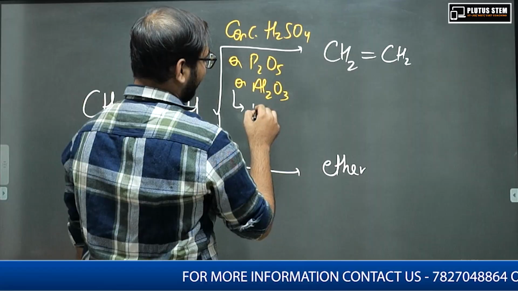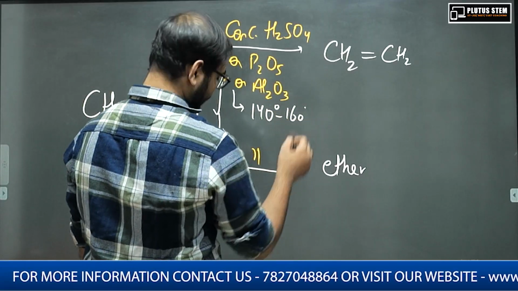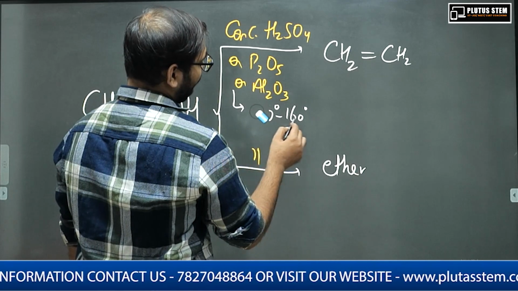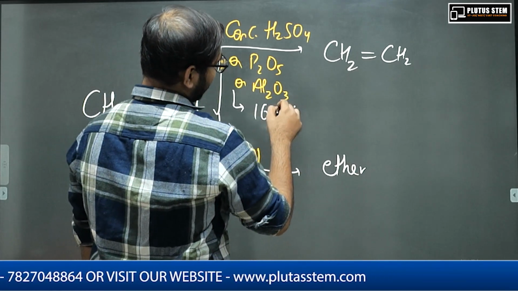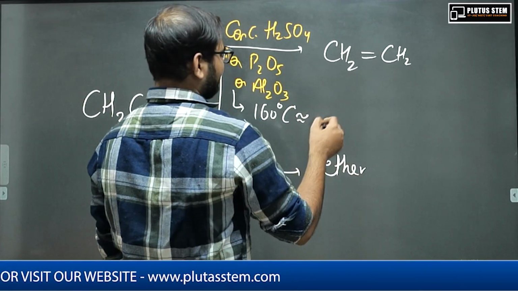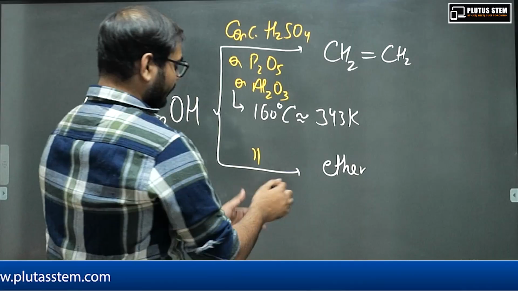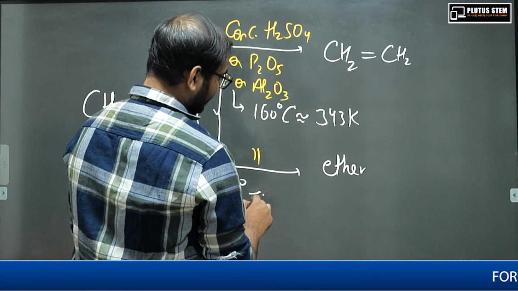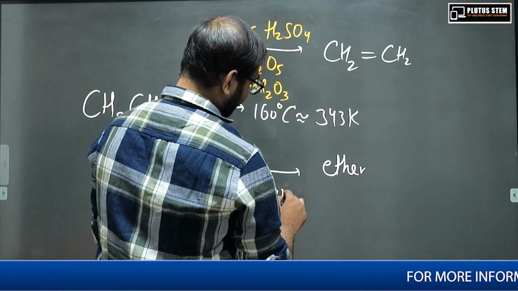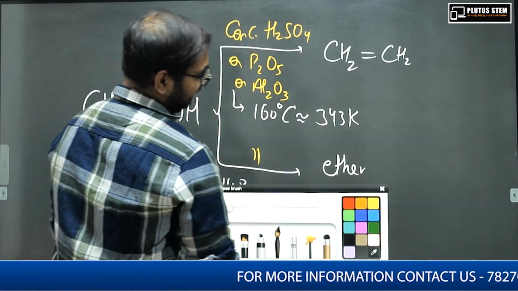If you are having a temperature of around 160 degrees Celsius, which roughly estimates to 433 Kelvin, you get alkene. And if you are using a temperature of 140 degrees Celsius, roughly 413 Kelvin, you can get ether.